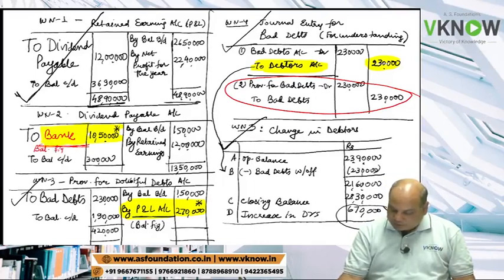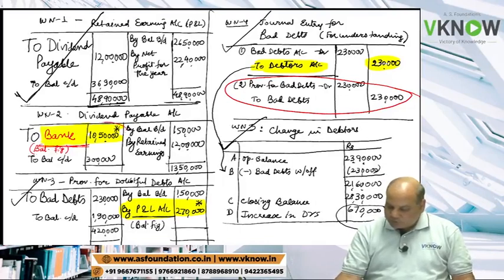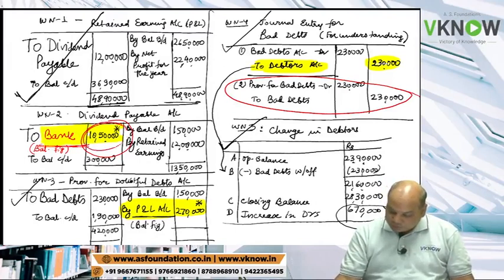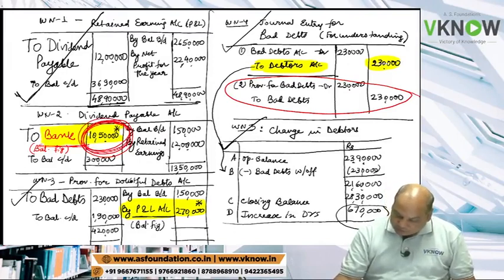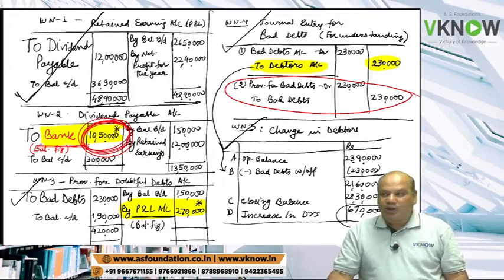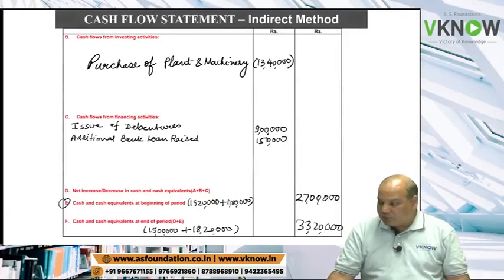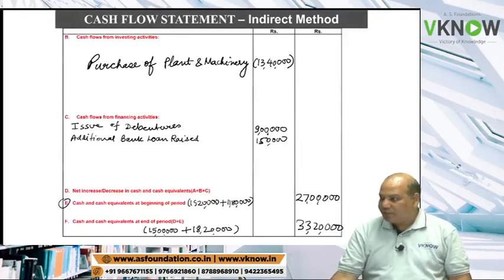Bank account is right, which means dividend is paid. So where will dividend paid be shown? Under which heading will you show dividend paid? Surya is right.